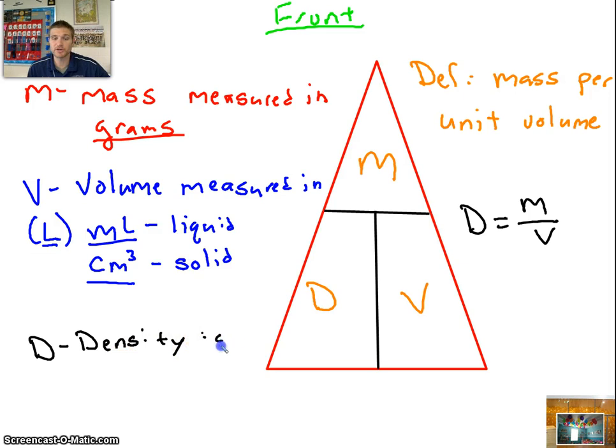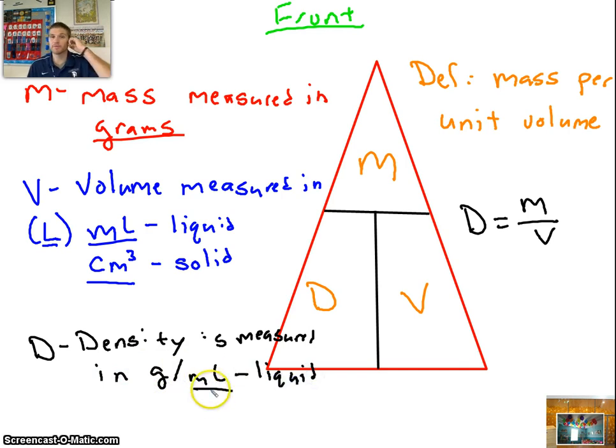It's measured in grams per milliliter for a liquid, because liquid volume is milliliters, or grams per cubic centimeter for a solid. So we have a solid that we can also measure density for.